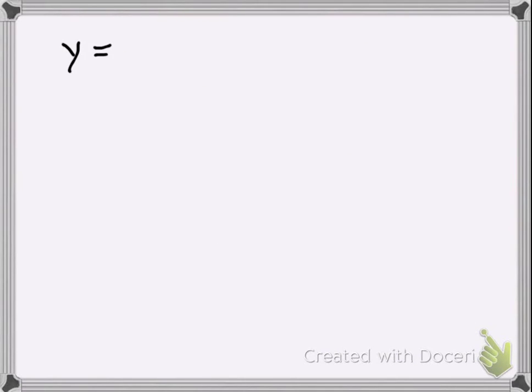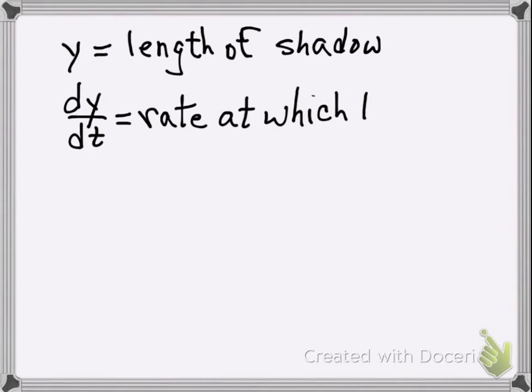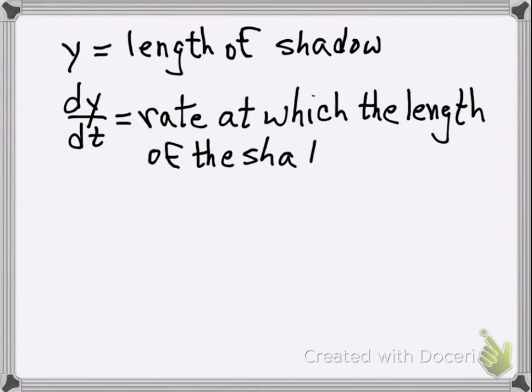So y equals the length of the shadow, and that means that dy/dt is the rate at which the length of the shadow changes.